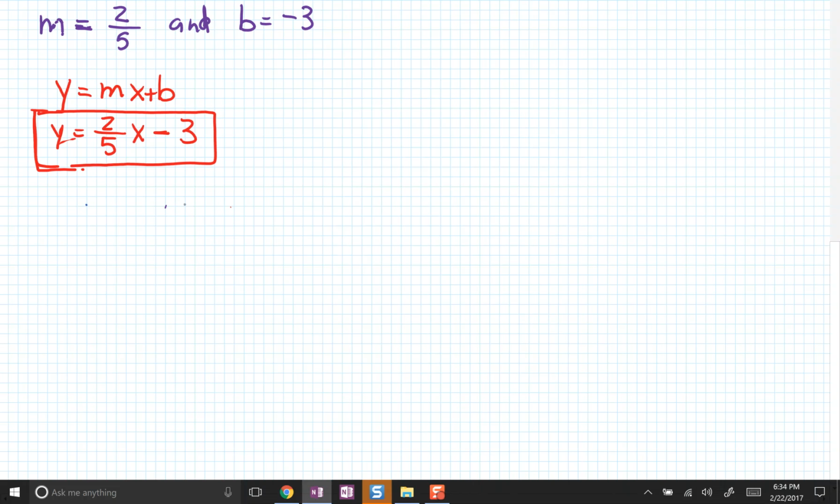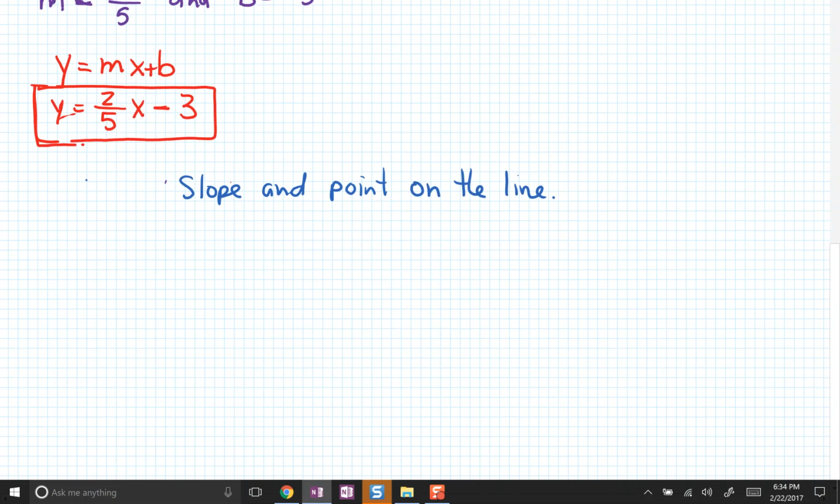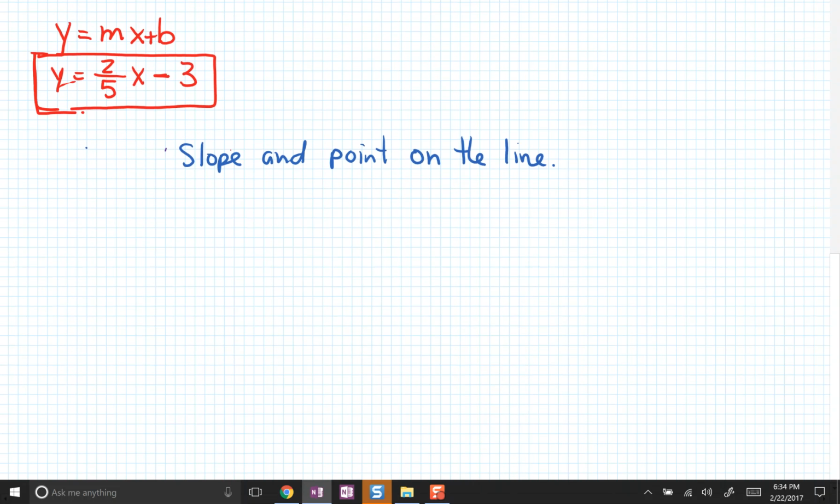Next, we're going to look at the slope and a point on the line, and figure out how to find the equation of the line from the slope and a point on the line. So let's look at this example.